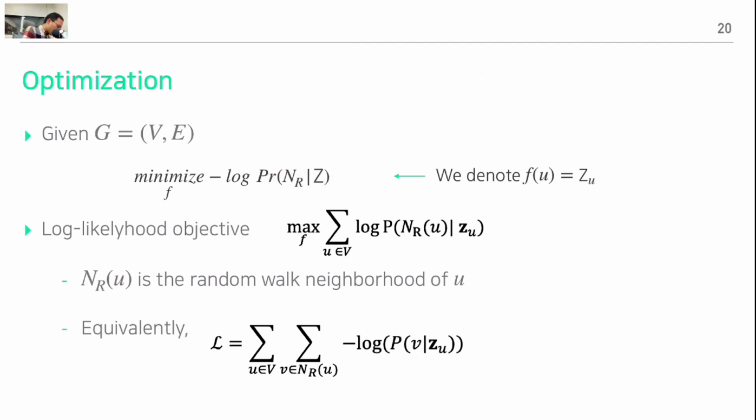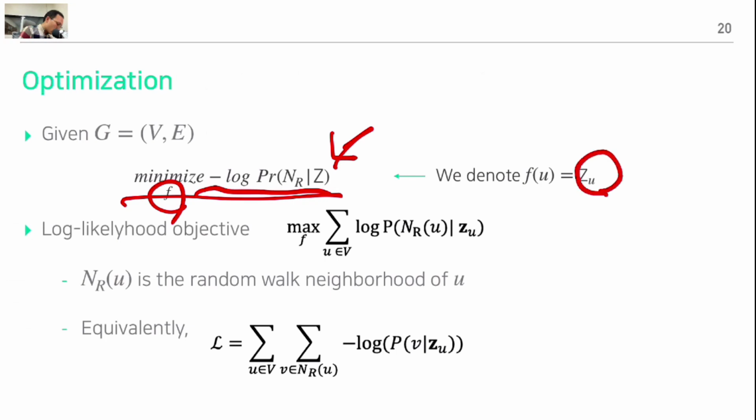This represents the set of neighbors from the input. This is the input, the z, and everything else is the same. So we try to get the f which minimizes the following objective function.